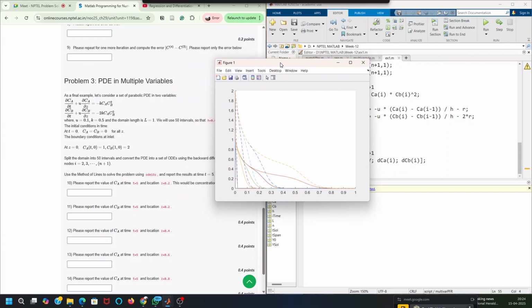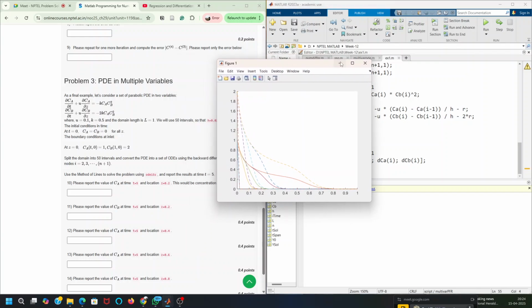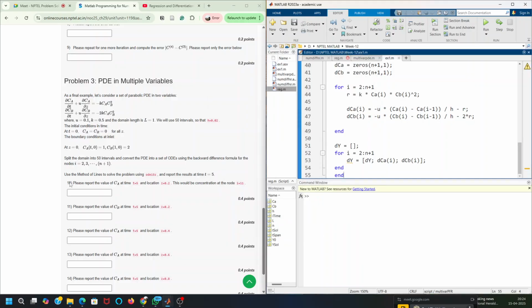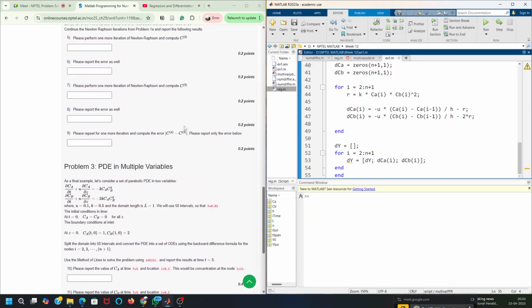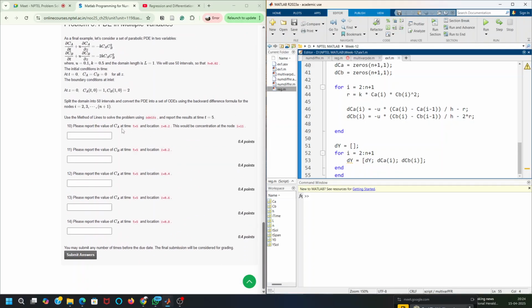So this is how we are getting these plots. This is for CA and this is for CB, the dotted lines. In this you will get the solution vector.